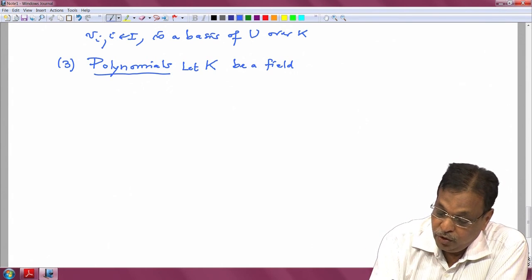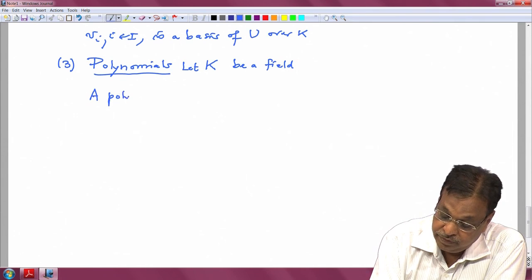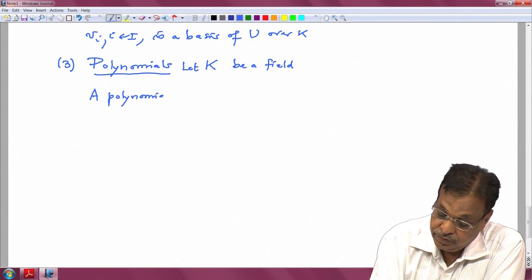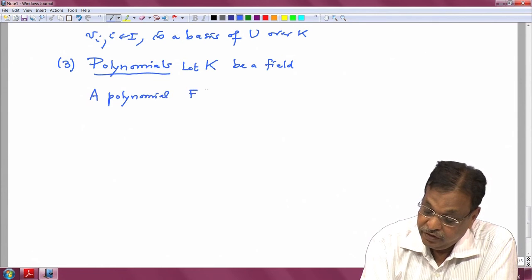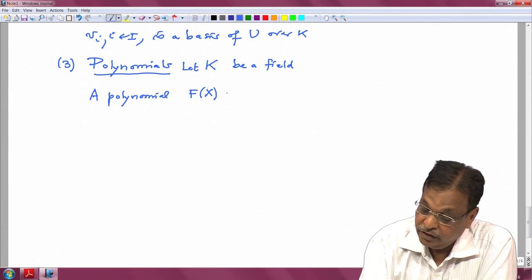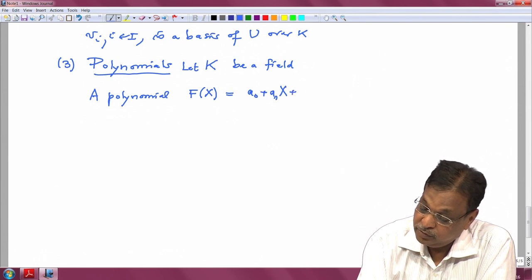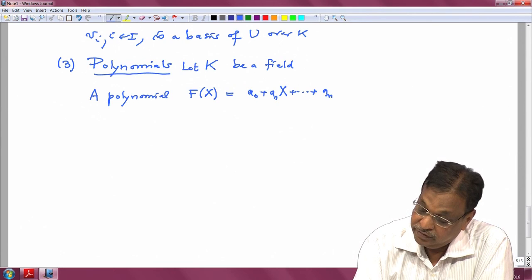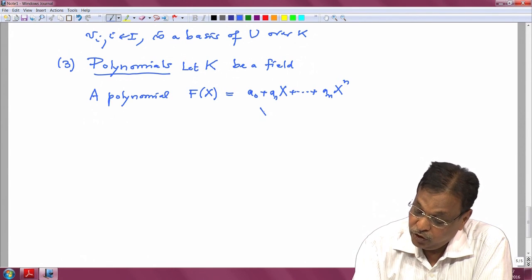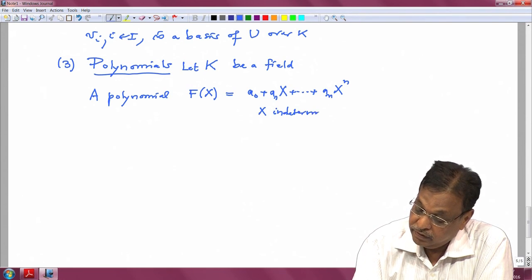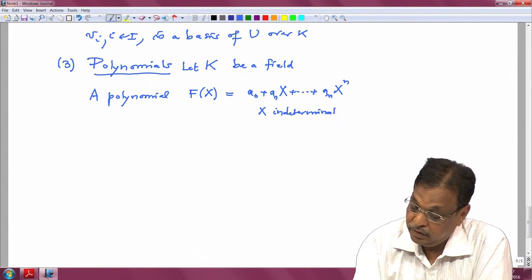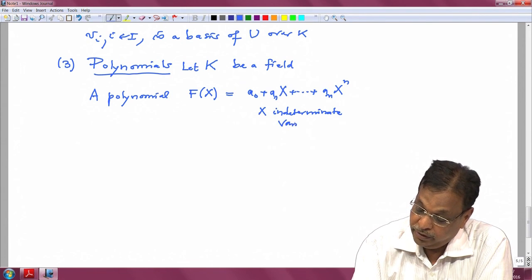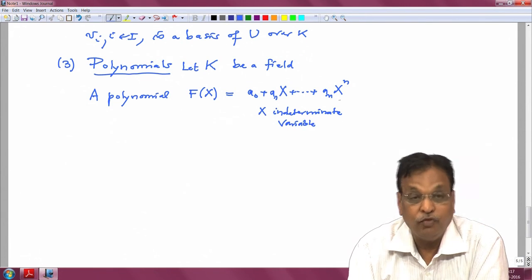So everybody knows what a polynomial is. A polynomial f in one variable x is an expression like this: a0 plus a1x plus ... plus an x^n, where this x one usually calls an indeterminate, or also a variable, and these are formal expressions.